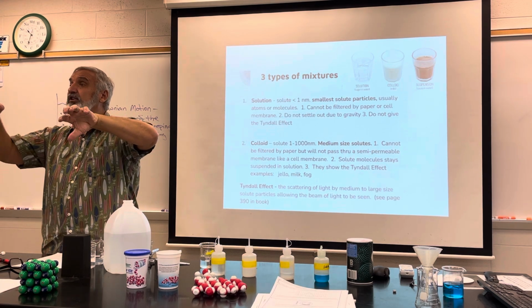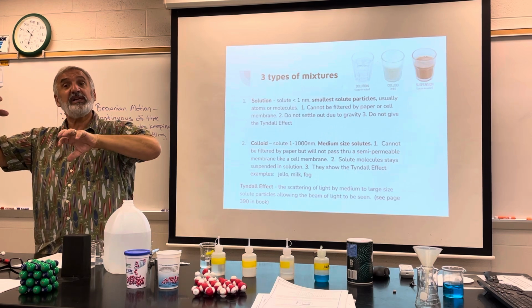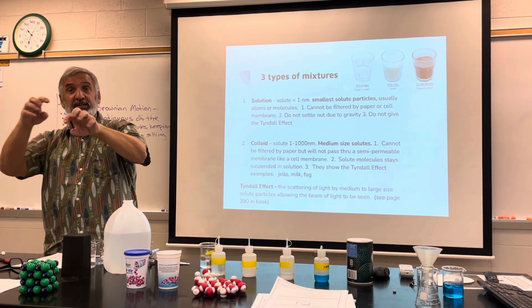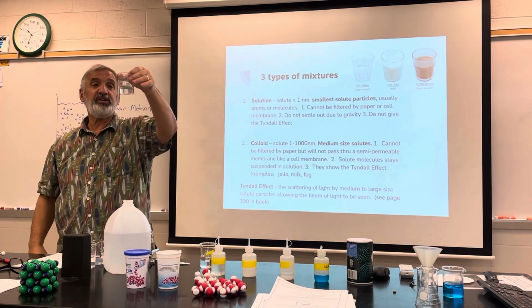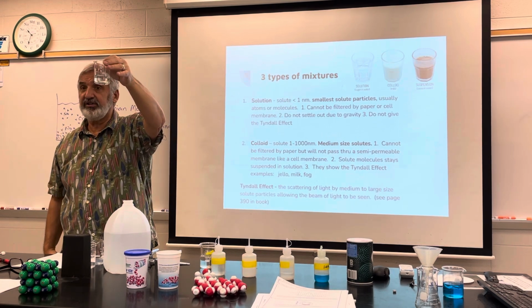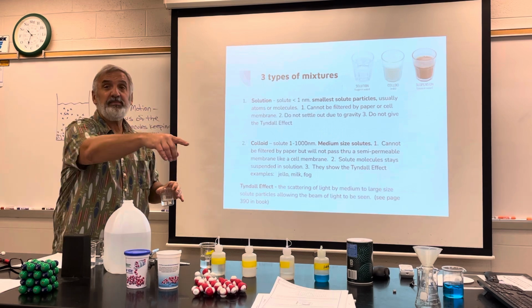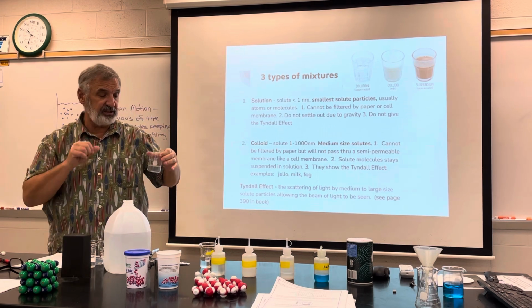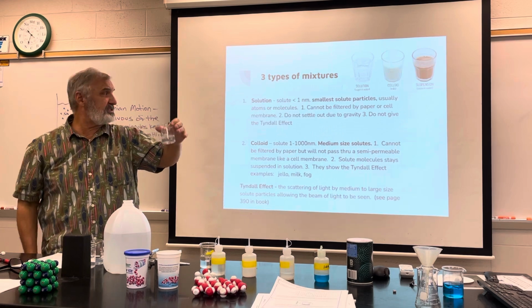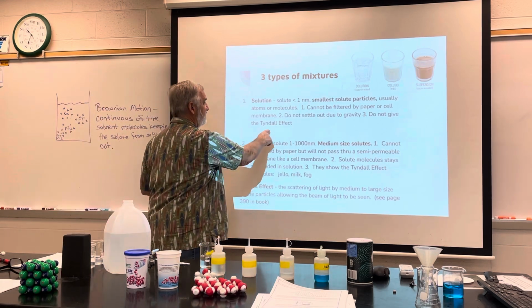If it's on the bigger size of a colloid, sometimes they look more heterogeneous. They're kind of intermediate. This is not going to settle out due to gravity. I can't filter it, and I'll try to filter this one in a second. But it gives this thing called the Tyndall effect.